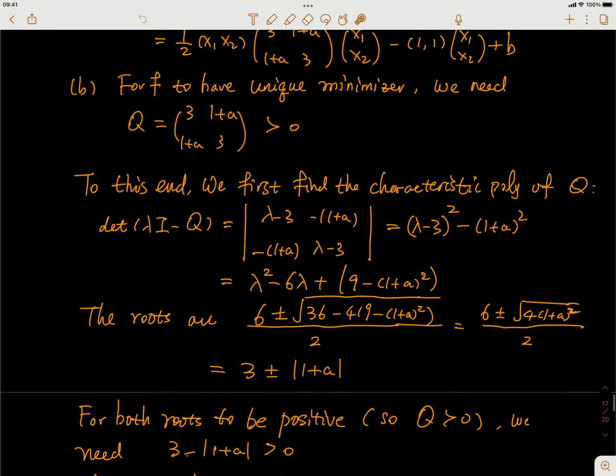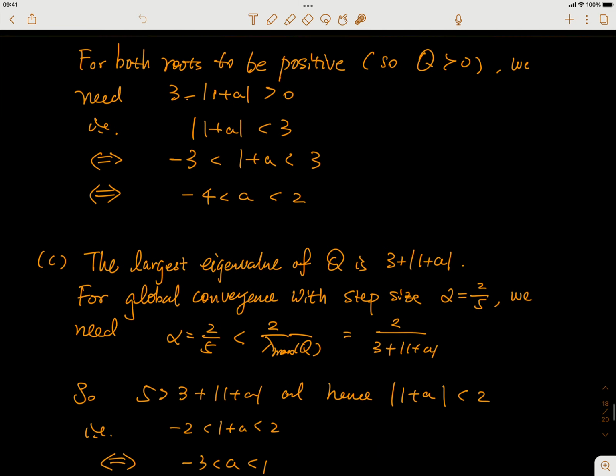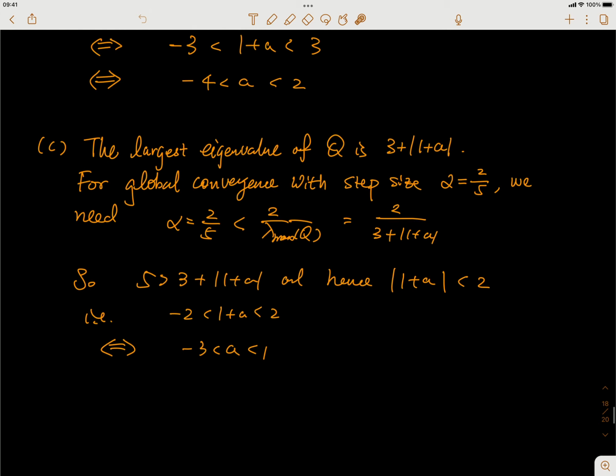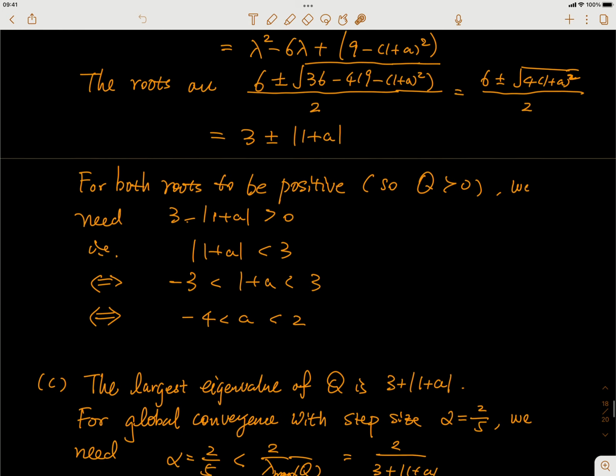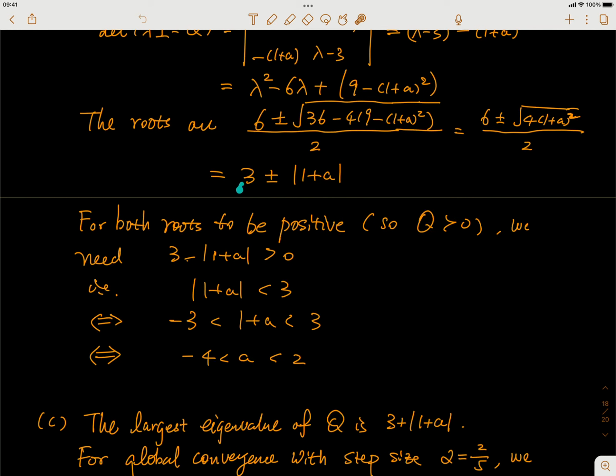So we just need to figure out what are the values of a corresponding to this lambda max. So we need alpha to be smaller than 2 over lambda max, and the eigenvalues of Q are 3 plus minus the absolute value of 1 plus a. So the larger one should be 3 plus the absolute value of 1 plus a.